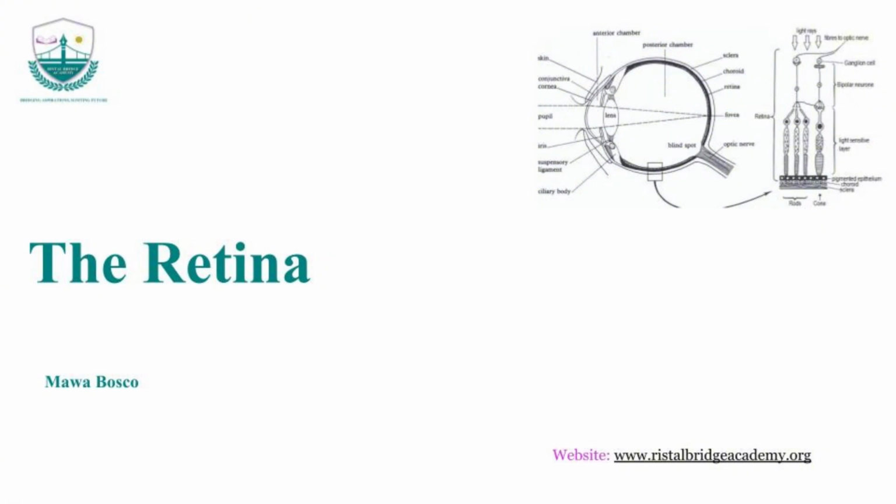So we are going to look at photoreceptors, or photoreceptor cells, and see how they convert light energy into action potentials that are sent via the optic nerve, not optical nerve, through the optic nerve to the brain for interpretation.